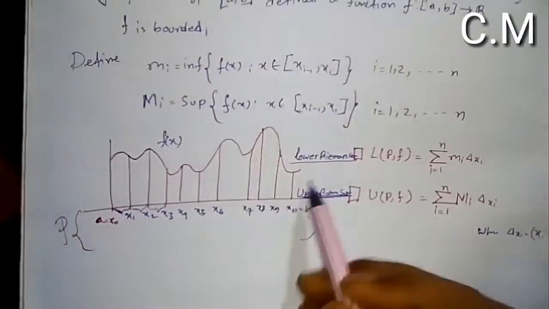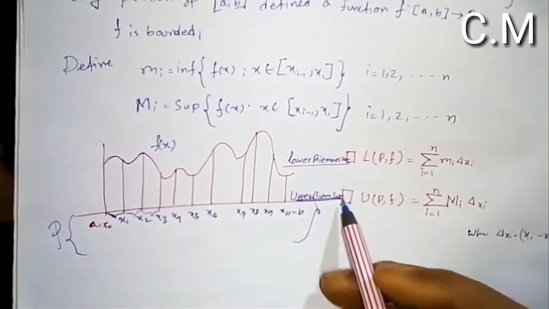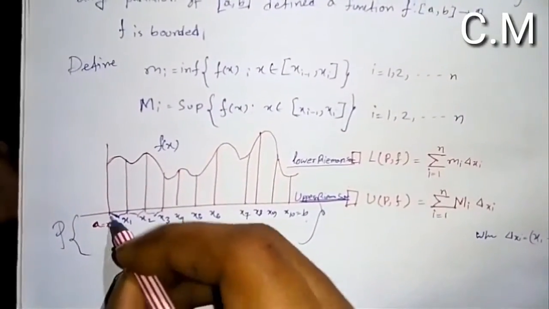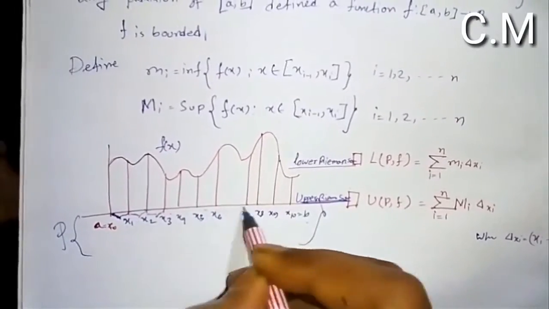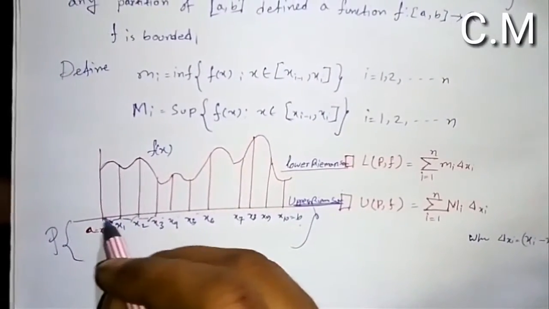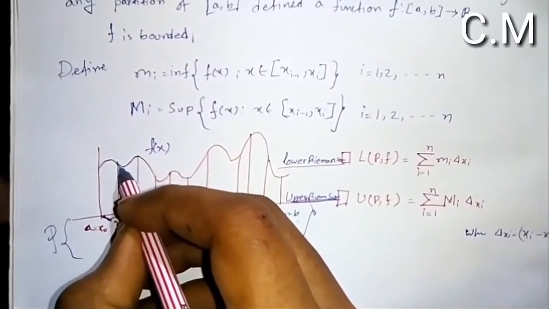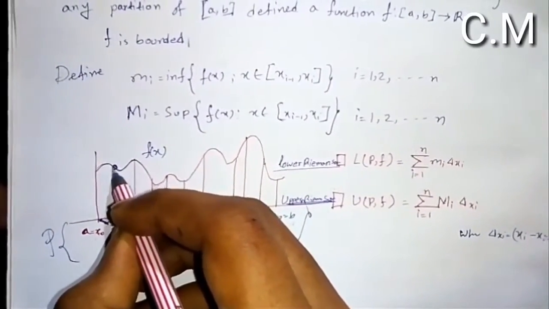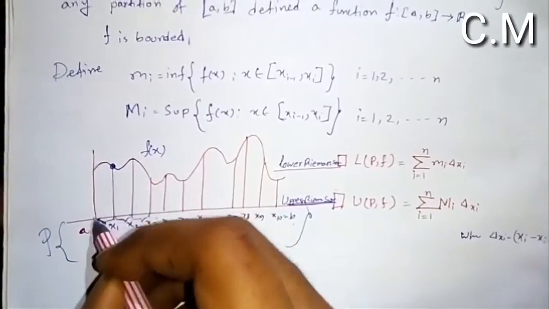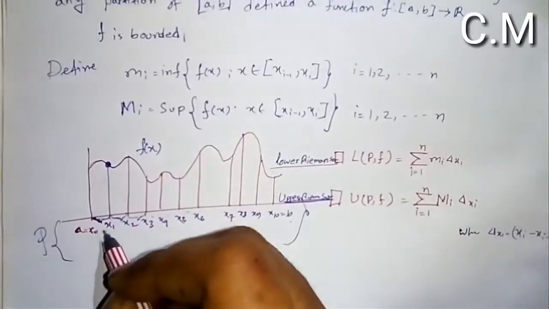What is the lower Riemann sum? It is based on the lowest values of the function between all the subintervals.